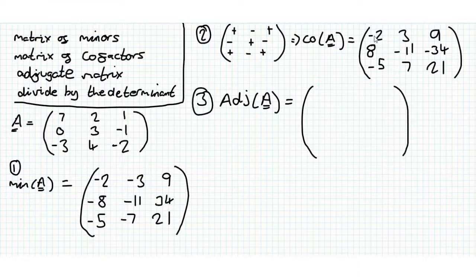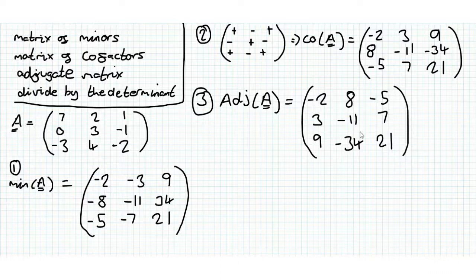So this is row 1, this becomes column 1: minus 2, 3, 9. Row 2 becomes column 2: 8, minus 11, minus 34. And row 3 becomes column 3: minus 5, 7, and 21. Notice all the diagonal elements stay where they are. Everything else sort of flips over.